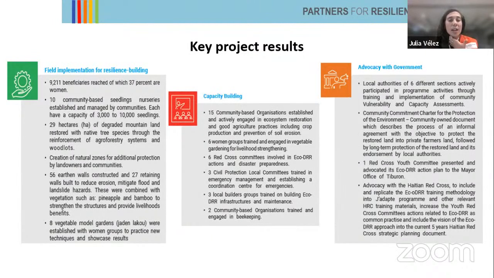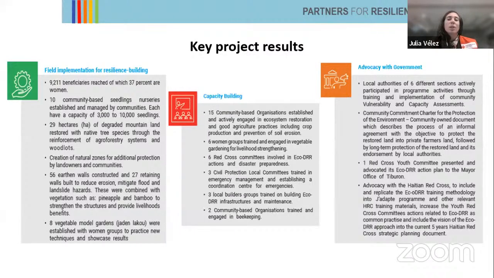The Netherlands Red Cross has involved all these CBOs in 3 key aspects, which are livelihoods, tree planting, but also climate change awareness, especially for the youth and young people through sensitizations at schools. Also on the field implementation, we have worked with these groups on crop production through land restoration and preventing soil erosion. Also with women's groups for vegetable growing on their lands at home and also other community lands.